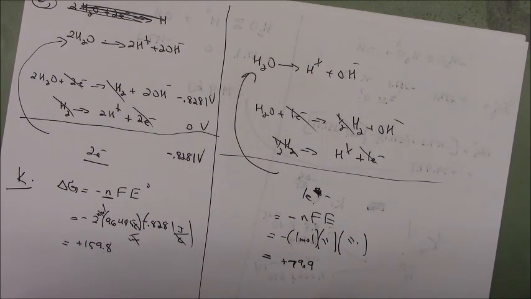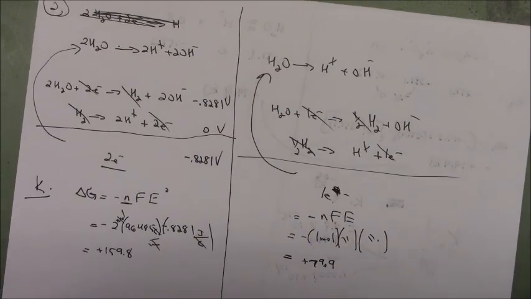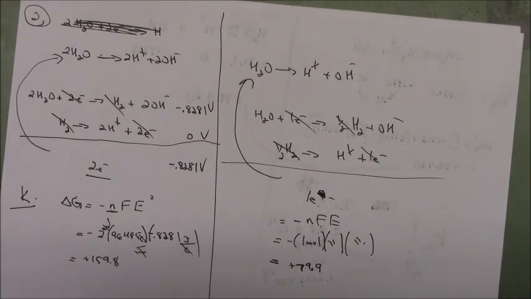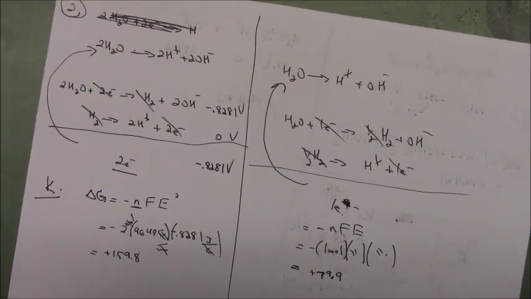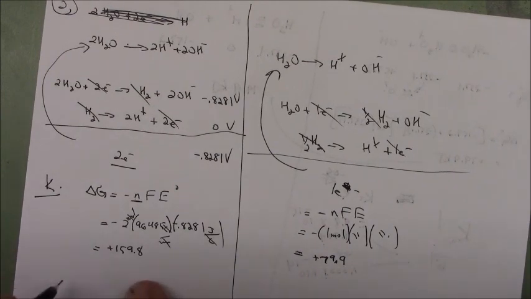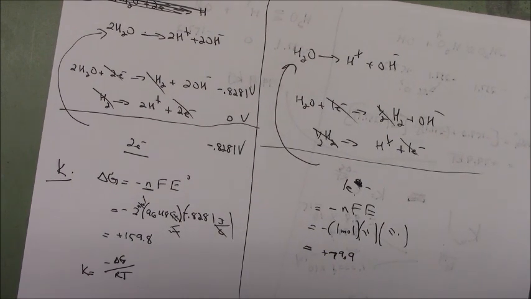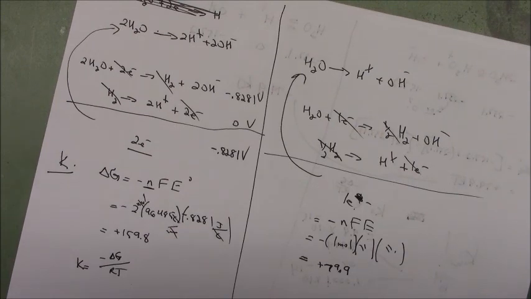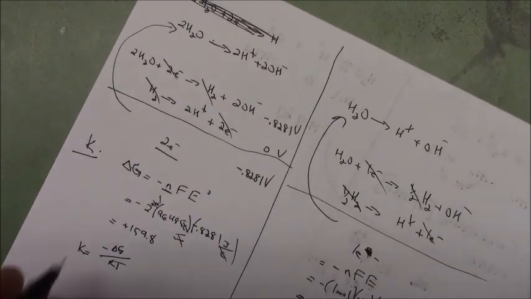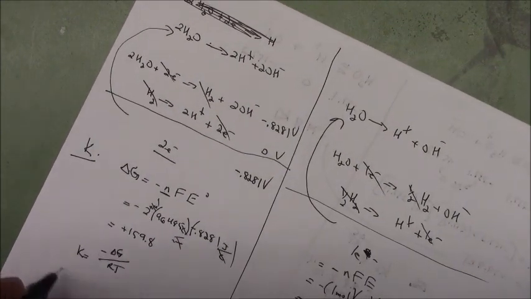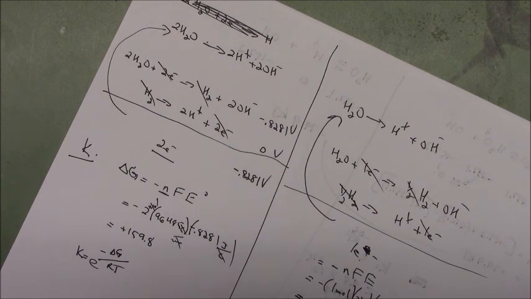So obviously what's interesting here, now I see where this is going. This delta G is double this, so your K value is going to be totally different than this one.